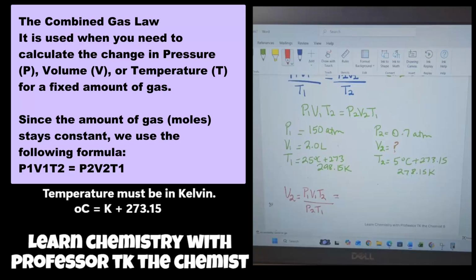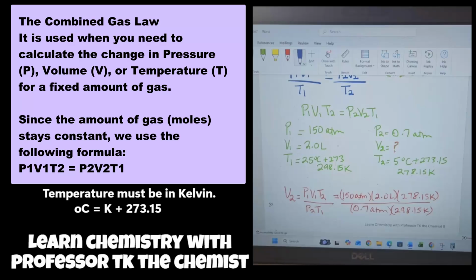All right, so P1, 150 atm. V1, 2.0 liters. T2, 278.15 Kelvin. Divided by P2, 0.7 atm. Times T1, 298.15 Kelvin.